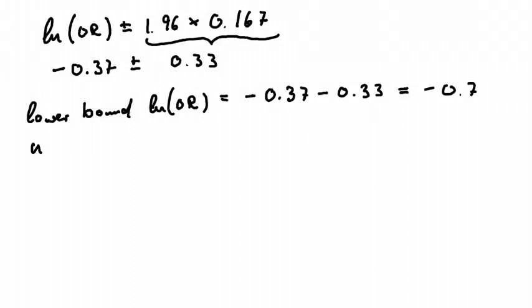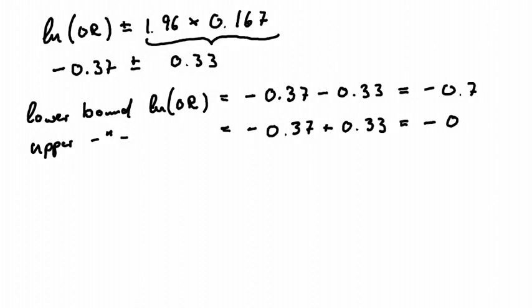And the upper bound would be negative 0.37 plus 0.33, and that gives us negative 0.04. So these are the two boundaries.